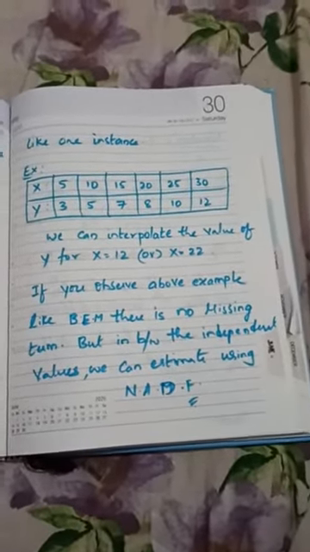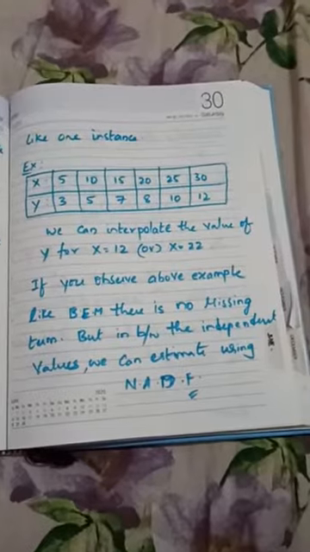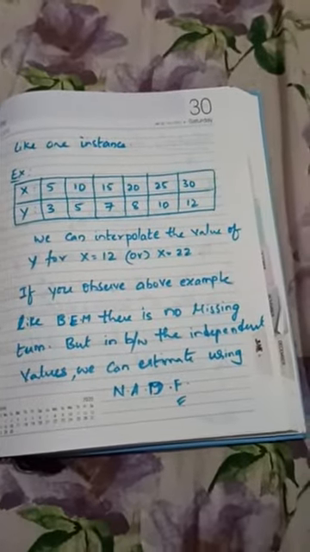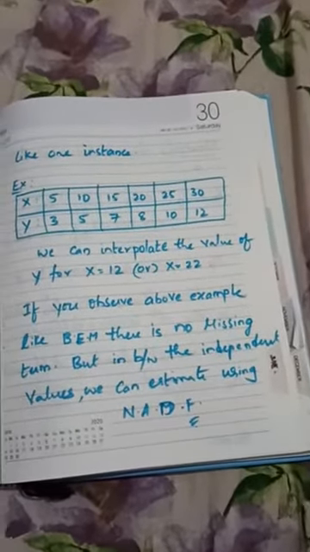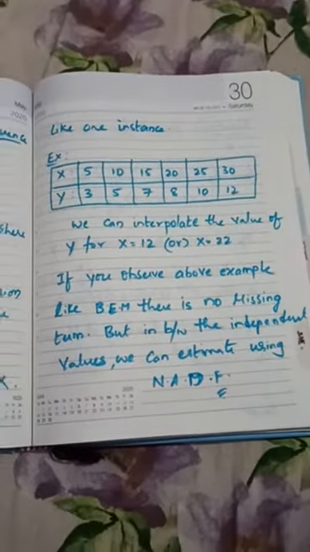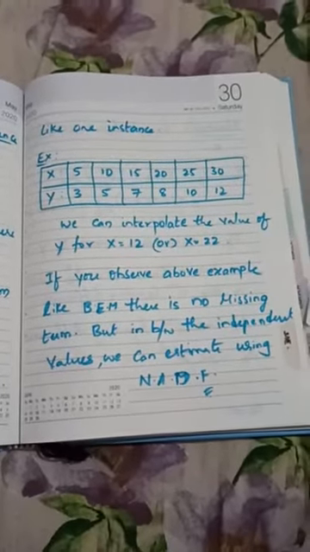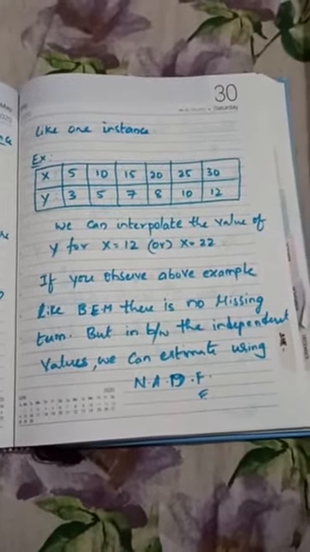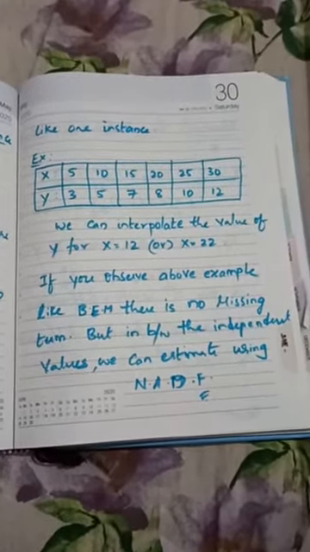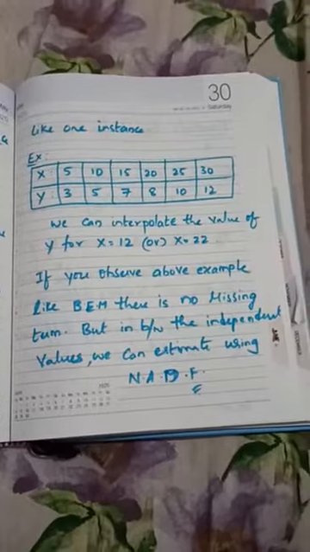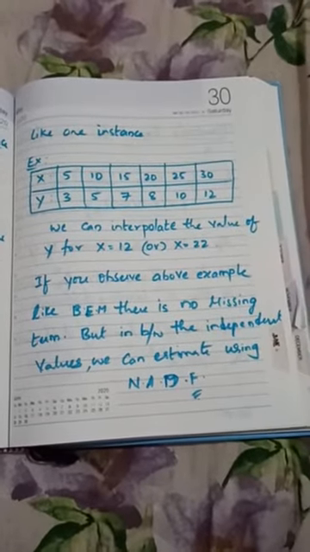So this is the one hint that for this kind of problem Newton's method should be applied to estimate or interpolate the value. Clear? In between the independent values we can estimate using Newton's advancing difference method, NADM.